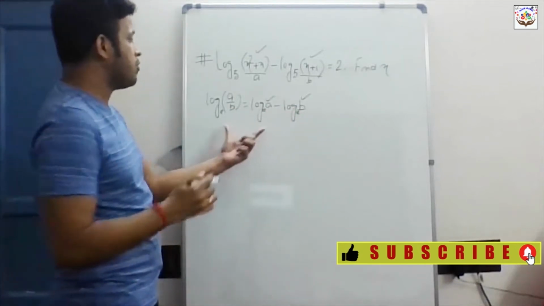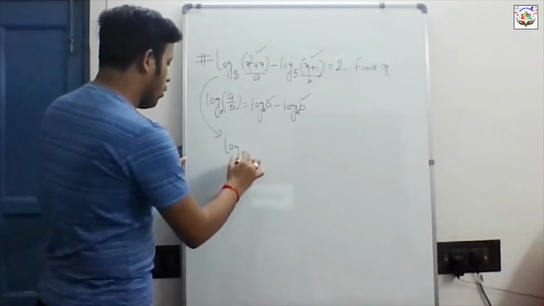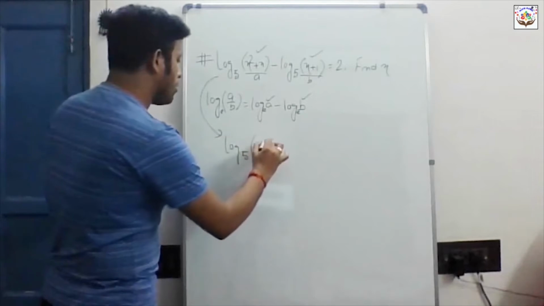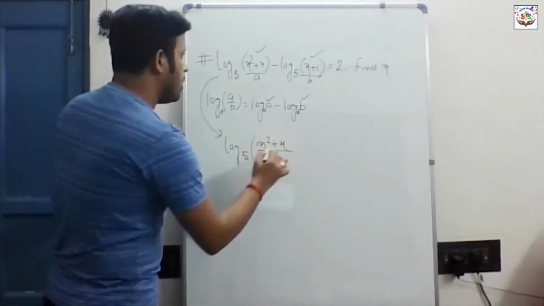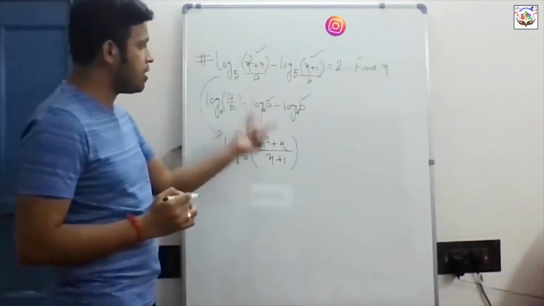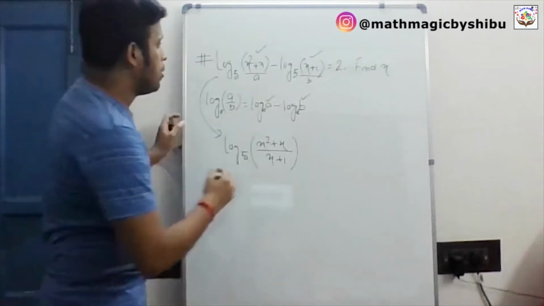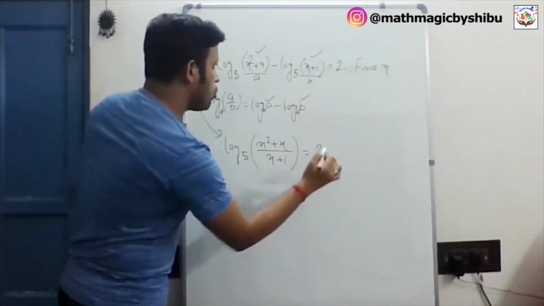As per this formula, we can write this problem as log base 5 of x square plus x divided by x plus 1. I hope you can understand. Just relate this formula with the problem. And it equals 2.